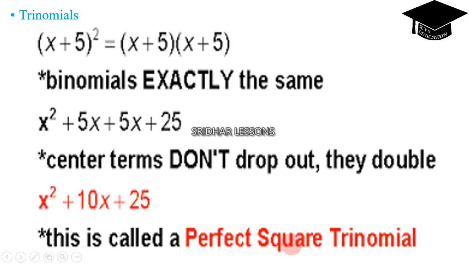So this is called a perfect square trinomial. How many terms does this trinomial have? 1, 2, 3. 3 terms. So a monomial has one term, binomials have two terms, and trinomials have 3 terms.